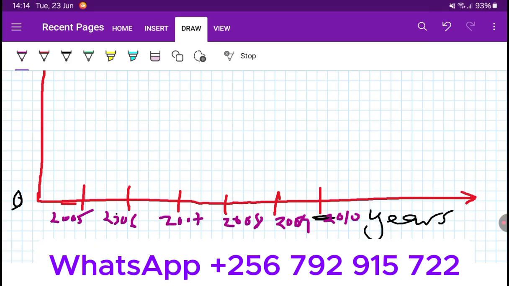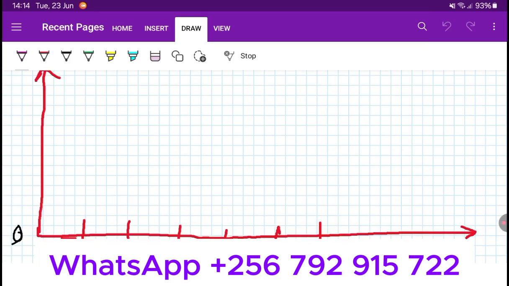So we start now plotting. Then we go to the vertical scale, since we are done with the horizontal. For the vertical, of course, we said we are going to use 2 centimeters.